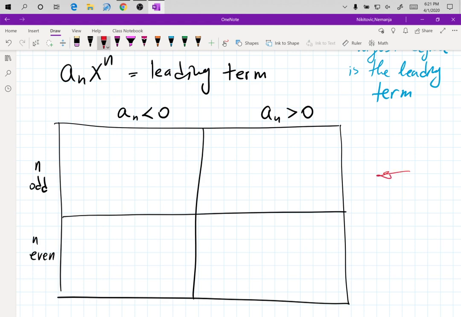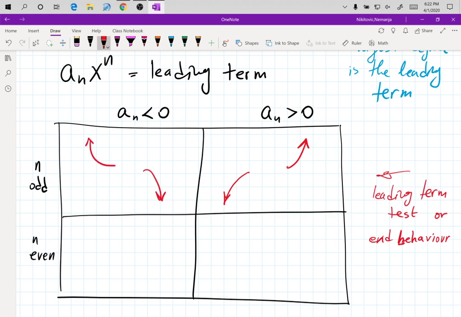So for odd n, we have ends that would go apart, and they would be taking these types of positions.